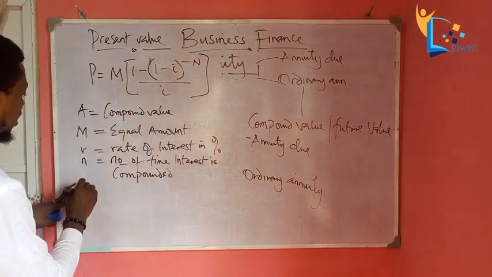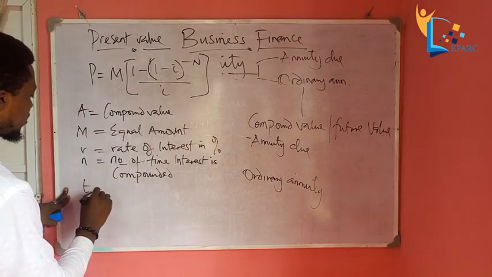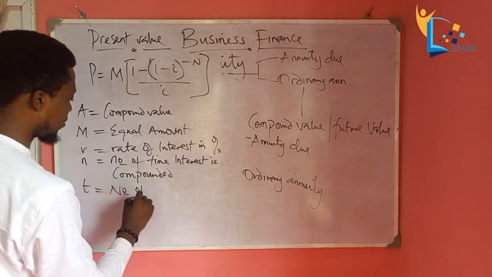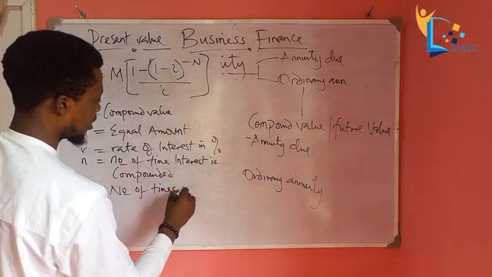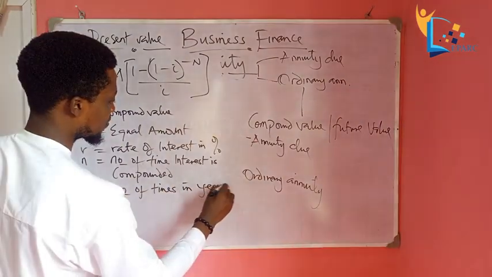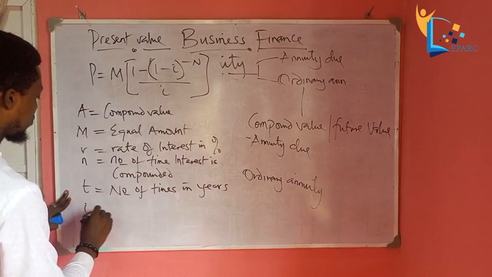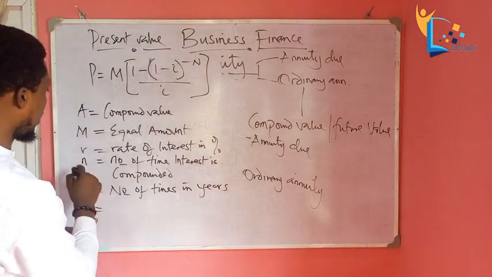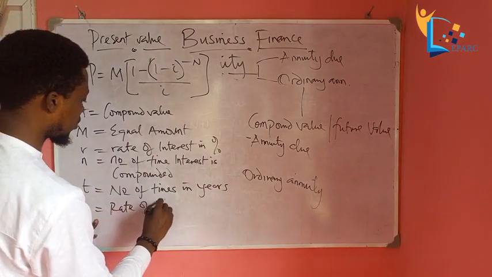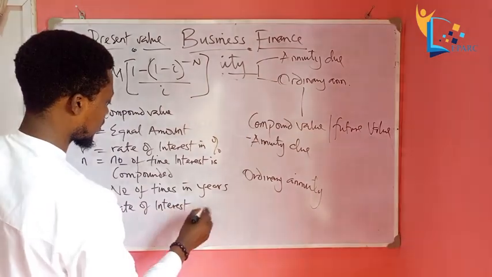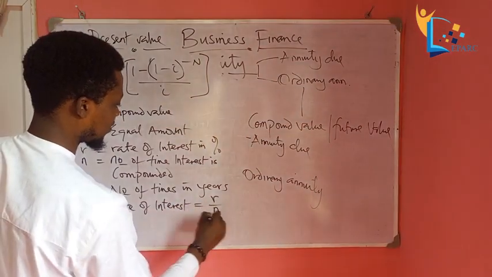Then we have T, equal to the number of times in years. Then we have I, which is equal to the rate of interest. That one will give us R over n.